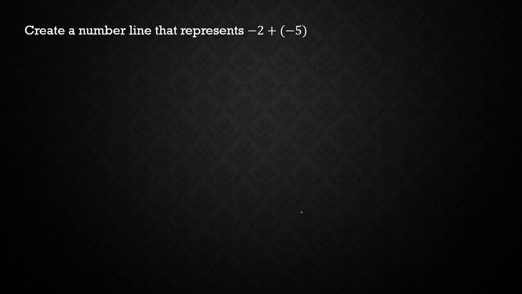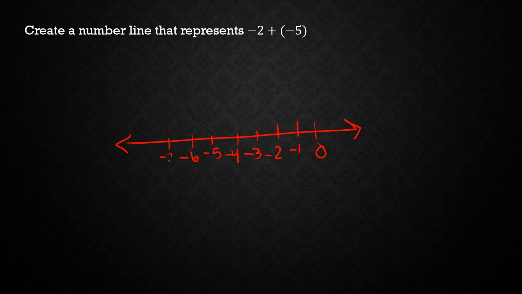Okay. So let's do an example. We want to create a number line that represents -2 plus -5. So first things first, let's draw out a number line here. So give me a second to go and label all of these. Okay.